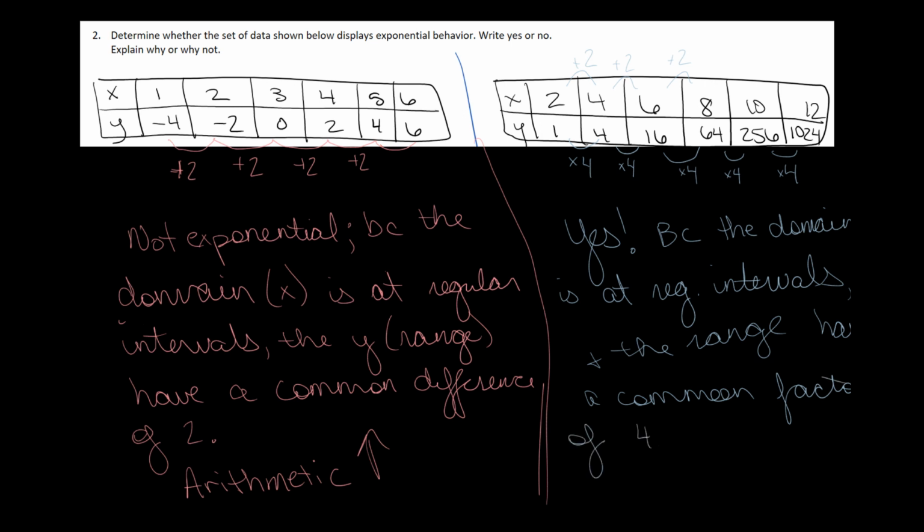So what you're looking at is the y being multiplied by the same amount. If it's being added, that is not it, okay? So this is yes, this is no.